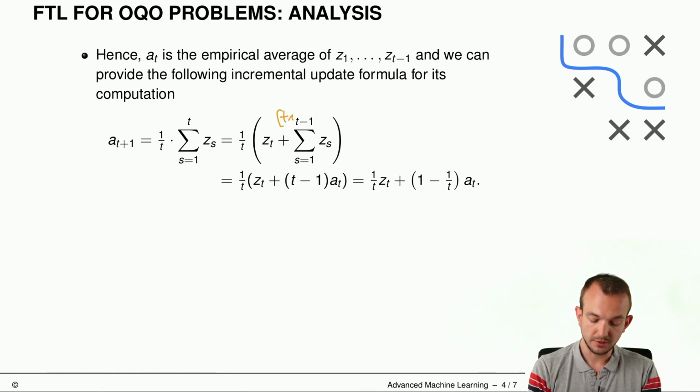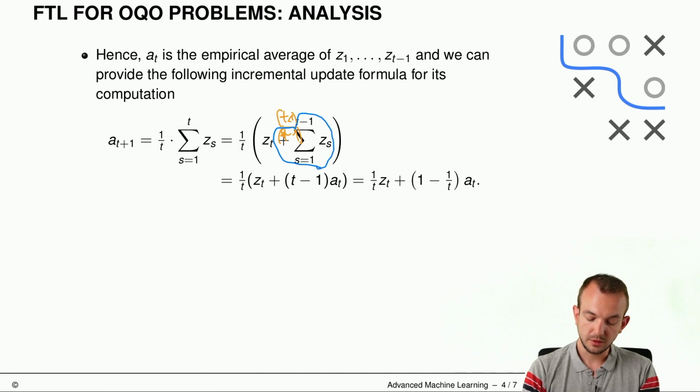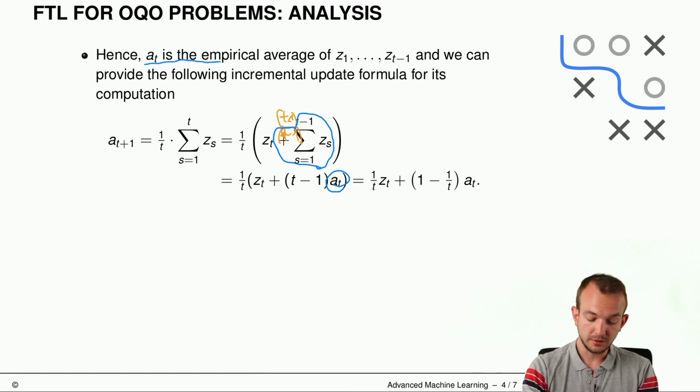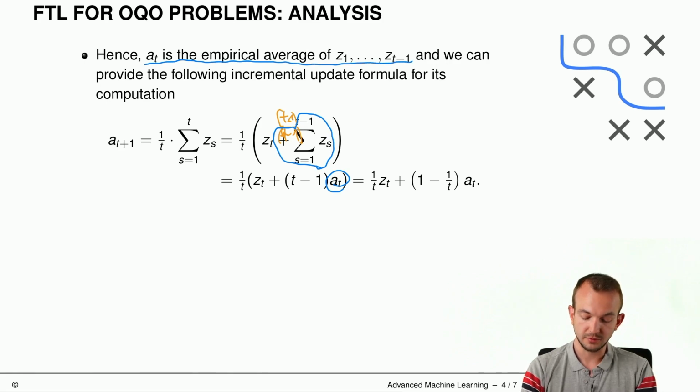Well, we can multiply here with t minus 1 divided by t minus 1. And now if we ignore the t minus 1 in the numerator, we see, well, what do we have there? We have simply the empirical average over the environmental data points till time step t minus 1. But we know AT is the empirical average of them, so this is equal to AT.